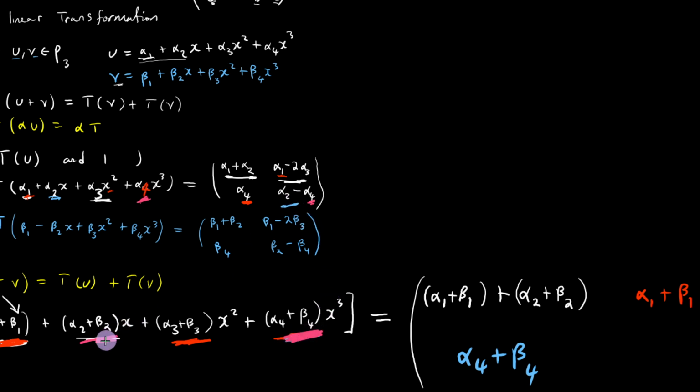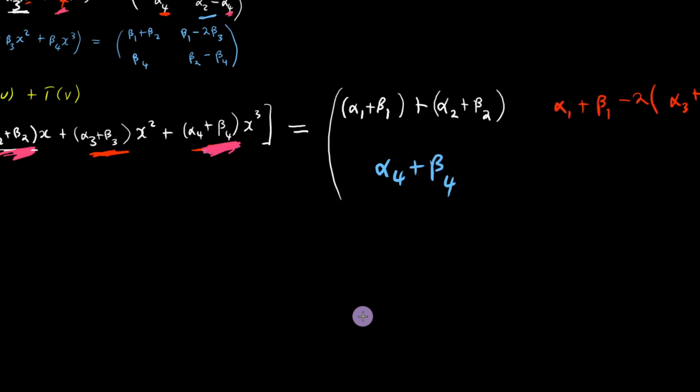So this minus this will be our fourth entry there. So it would be alpha 2 plus beta 2 minus alpha 4 plus beta 4.